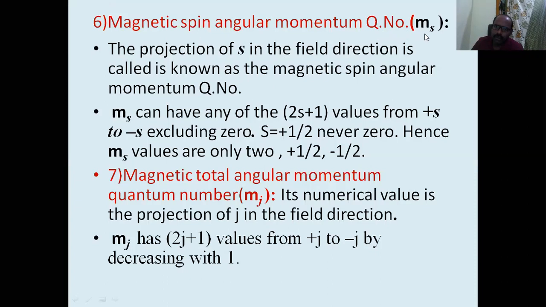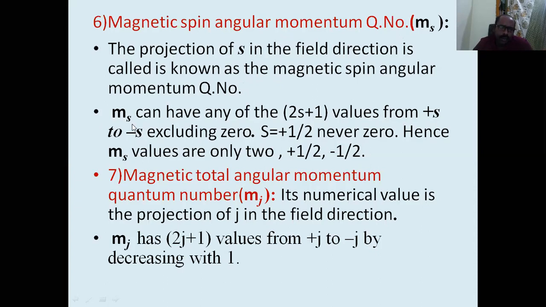The qualitative interpretation is that s possesses quantized directions, similarly in case of ml also. That gives the different directions. So ms can have any of the 2s plus 1 values from plus s to minus s.